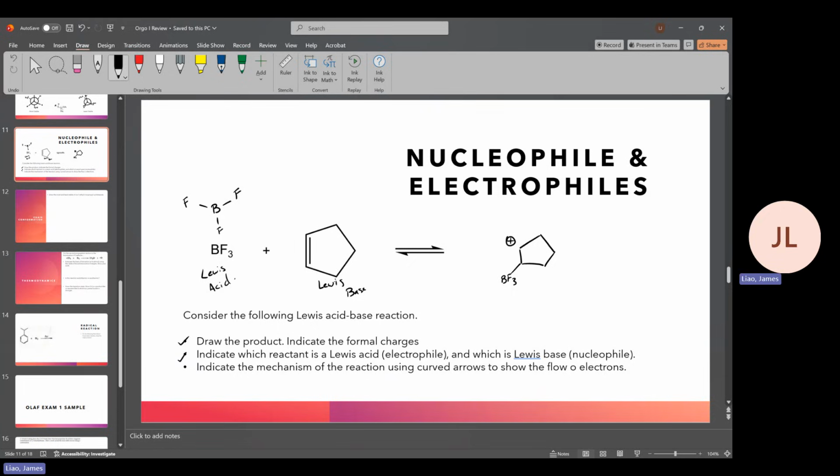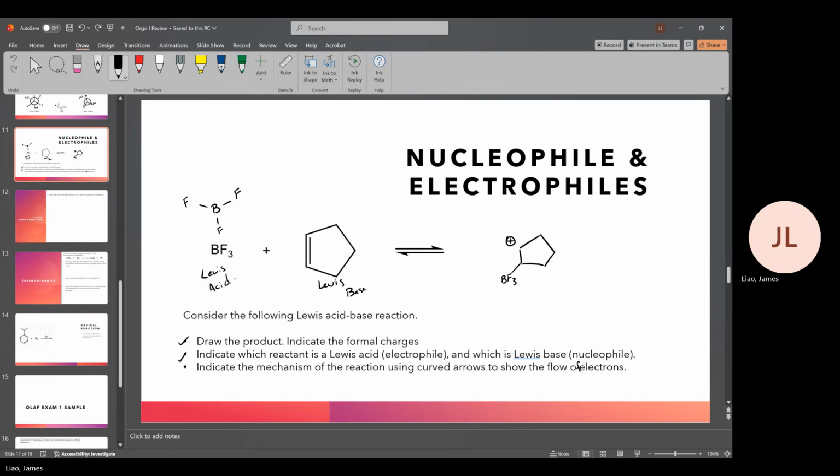Okay, so now we need to indicate the mechanism of the reaction using curved arrows to show the flow of electrons. To show the flow of electrons, we need to show that nucleophiles attack electrophiles. So that's where we have our arrow pushed towards the electrophile. Like this.